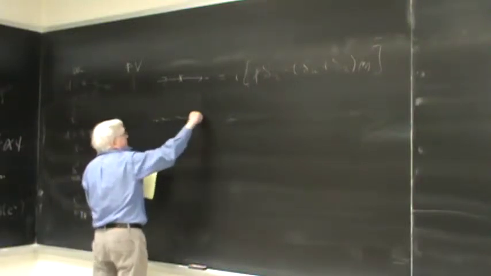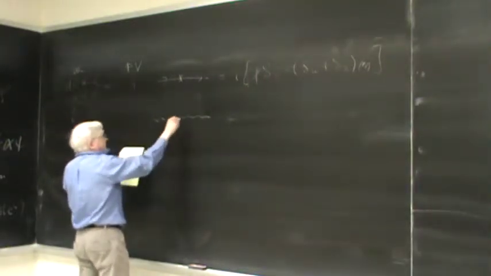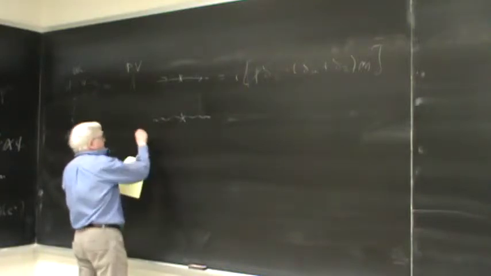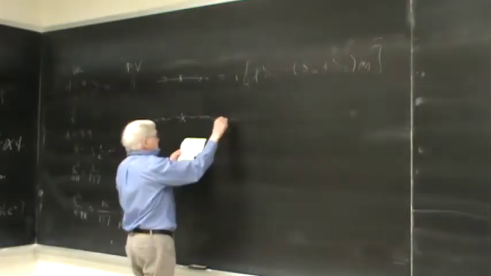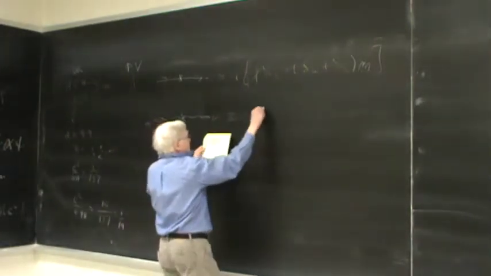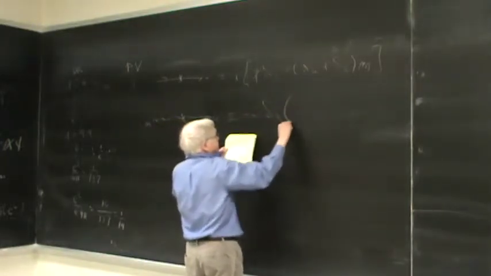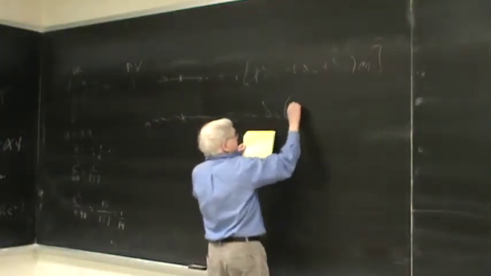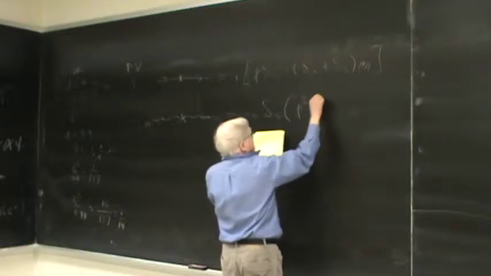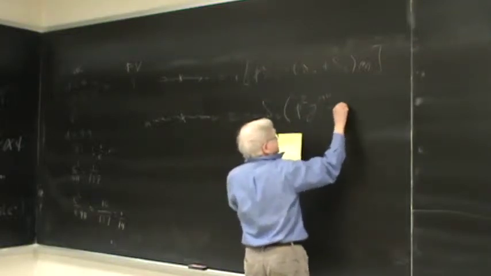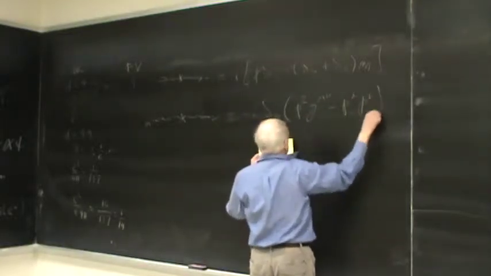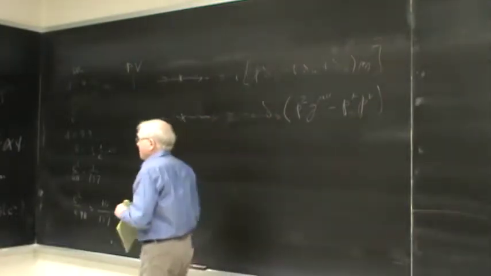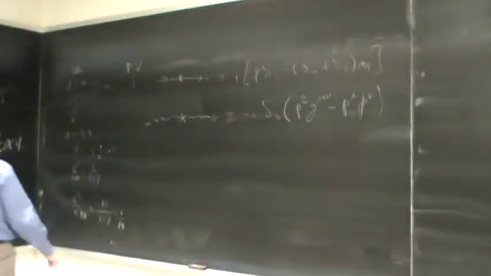Then the photon line can have counterterms. We call this μ and ν, and we'd say this would be minus i δ3 times (p squared g μν minus p μ p ν). Now, where did this come from?